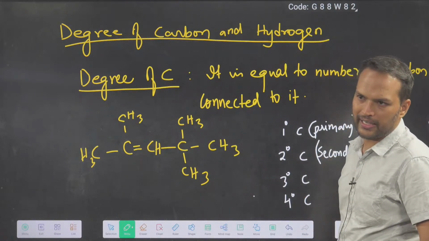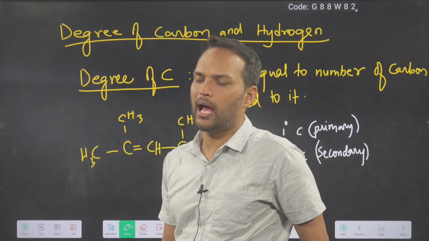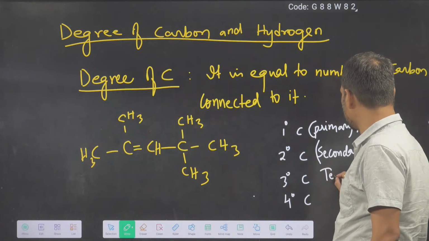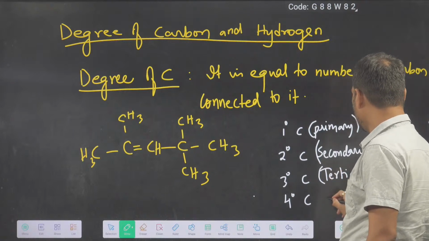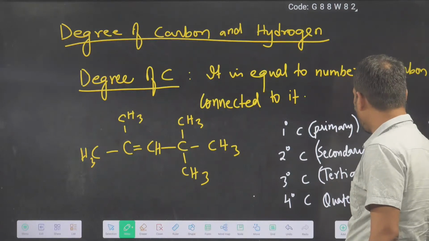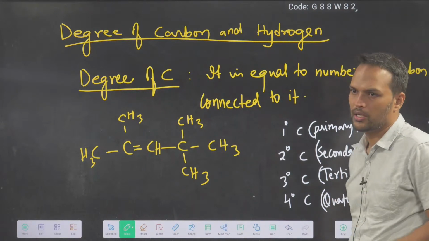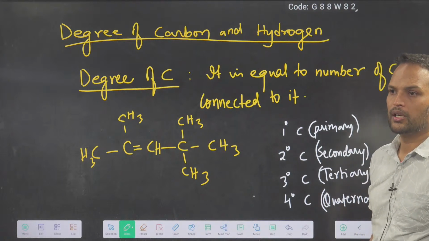So tell me, 3 degree is known as what? 3 degree is known as tertiary carbon. 4 degree is known as quaternary carbon. Primary, secondary, tertiary, quaternary. Clear?